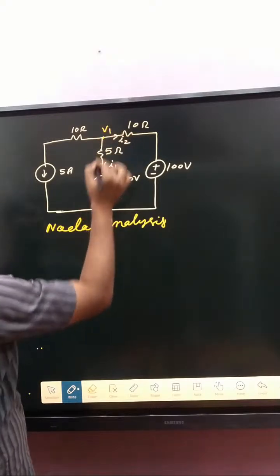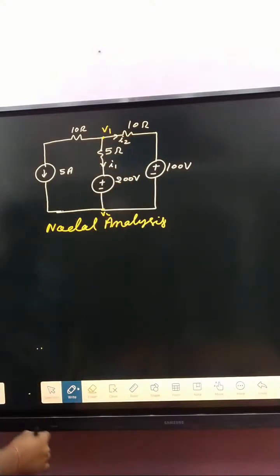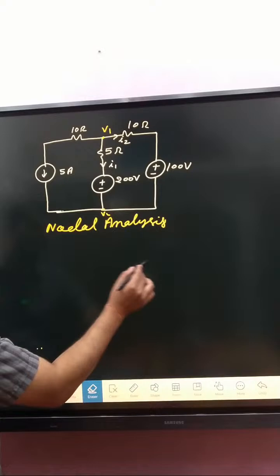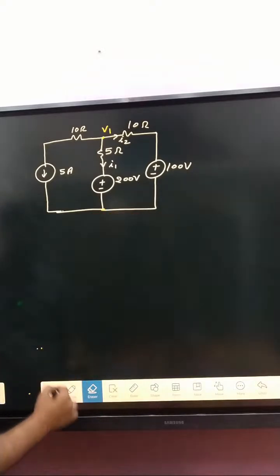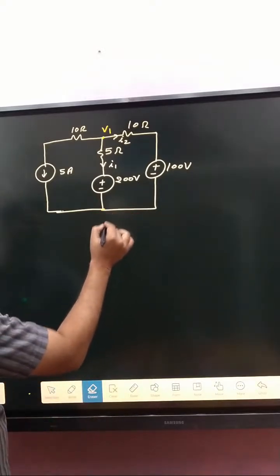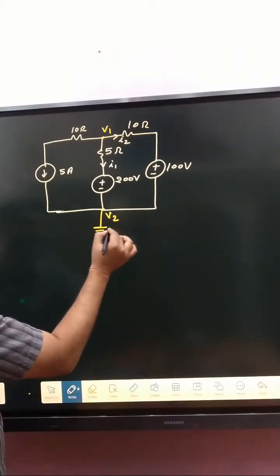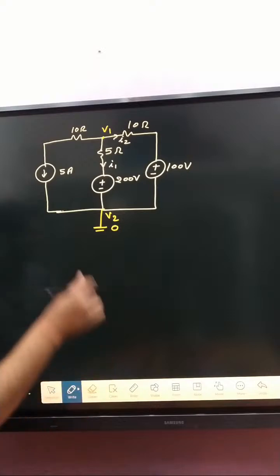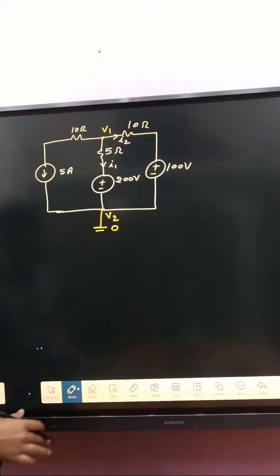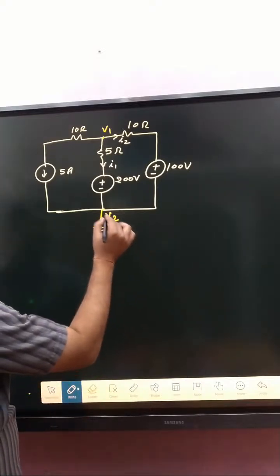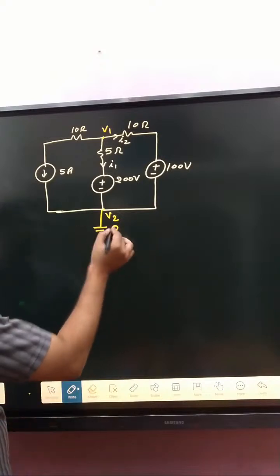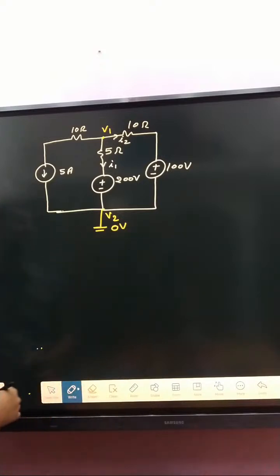So that is V1 and that one is V2. And after that, third point, take one node as the reference node. So we have taken that one as the reference node, meaning 0 voltage.